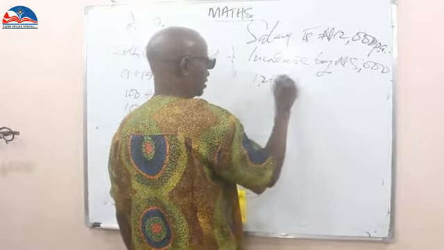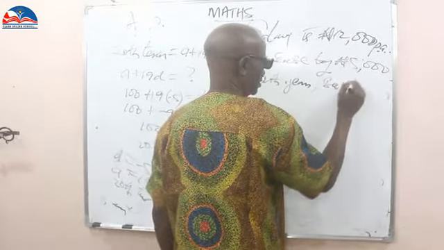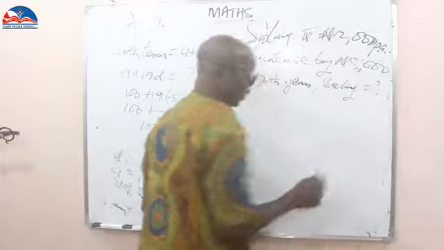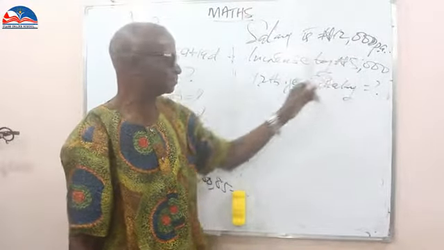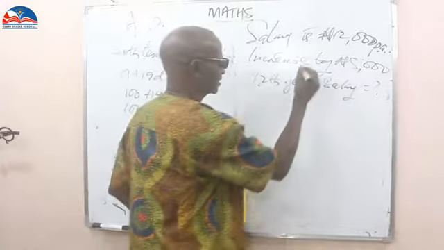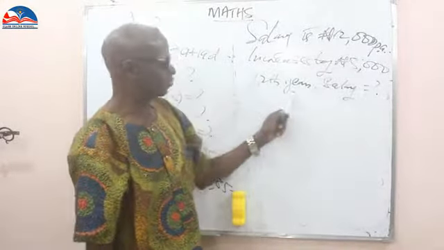The man is on a salary of 12,000 per annum, it increases every year by 5,000. Then at the 12th year, what will be his salary?